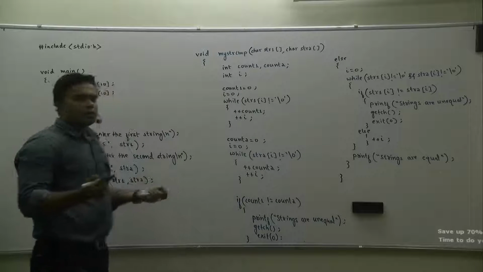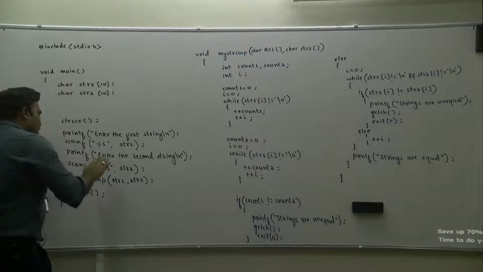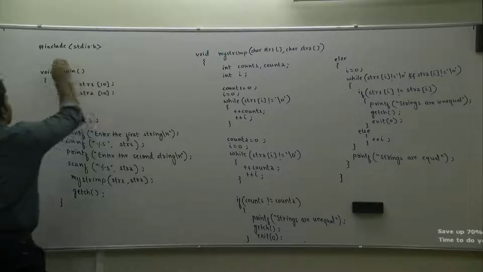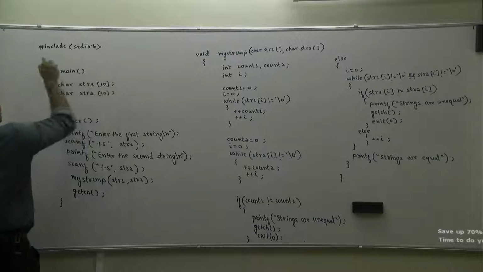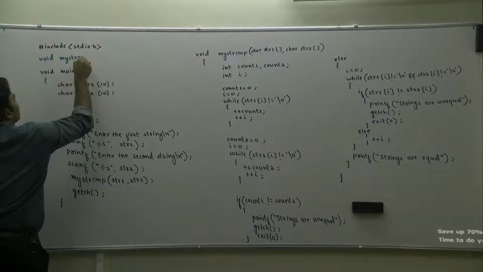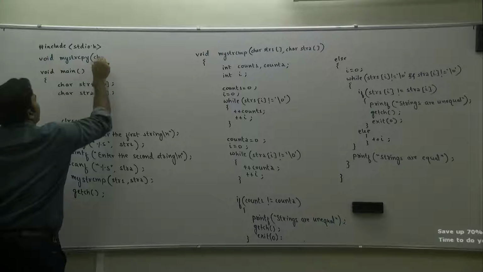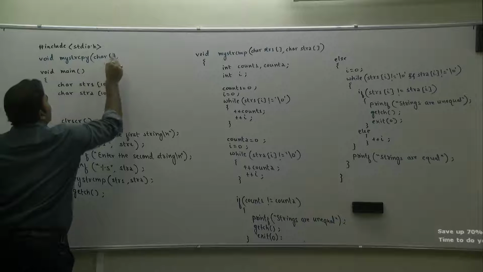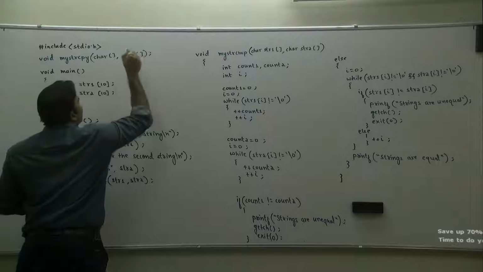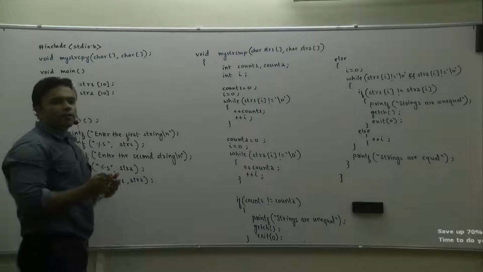And of course, the program still doesn't work, because first we have the function call, later we have the body, hence I have to give the prototype. In the prototype I will give the return type, the function's name, and also the data type of the parameters, character array, and then put a semicolon and end it.